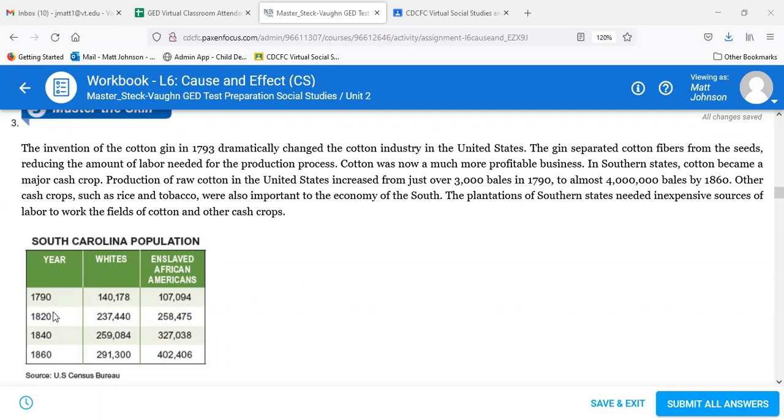This was their huge cash crop. Tobacco was also a big one. You had some sugar and rice, things like that, but so much of their output and their cash came from cotton. And then you can see by 1840, you have almost 100,000 more enslaved people than you do white people. And by 1860, you see that number is crazy.